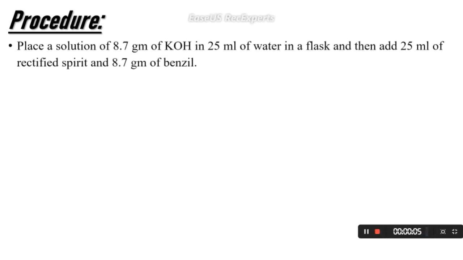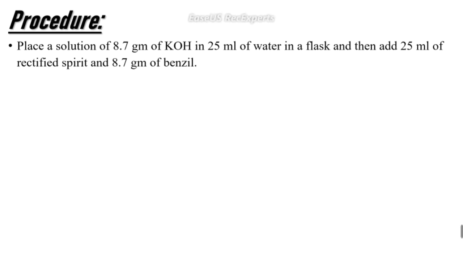Further, moving towards the procedure. First of all, we need to take a solution of KOH, 8.7 gram in 25 ml of water. We have to make sure that KOH is fully dissolved in water in a flask.